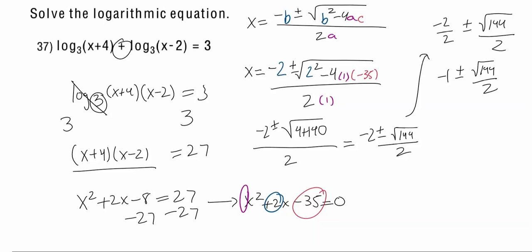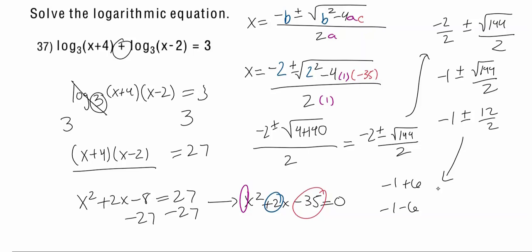The square root of 144 is 12, so we have negative 1 plus or minus 12 over 2, and that will become negative 1 plus 6 and negative 1 minus 6.